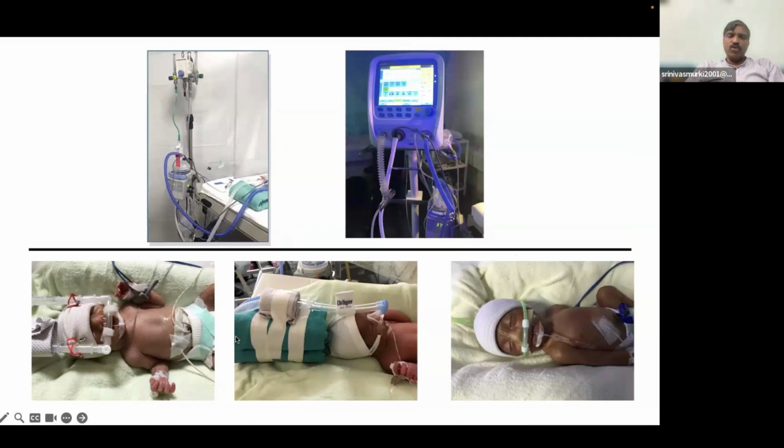So the choice is yours, but continue to use the same prongs for improving experience. And the more experience you have in any nasal interface, the lesser are going to be the side effects of nasal interface. But whatever interface you are using, it should be binasal prongs or it should be a mask. So this is the interface and this is the machine, bubble CPAP machine.